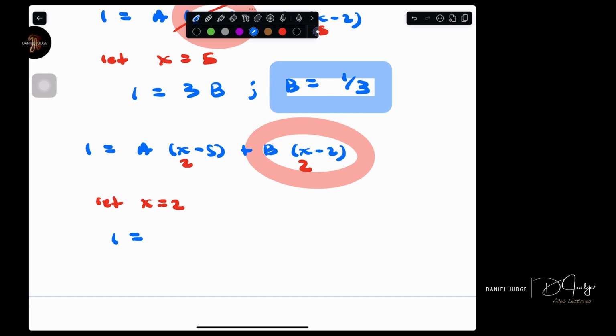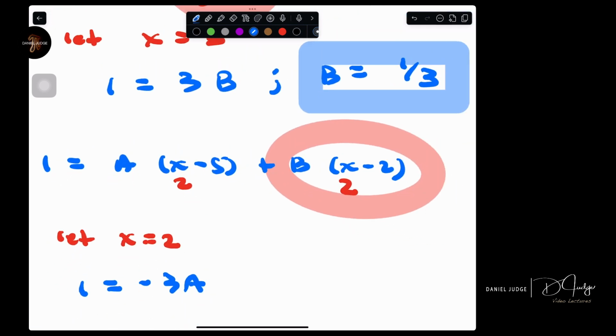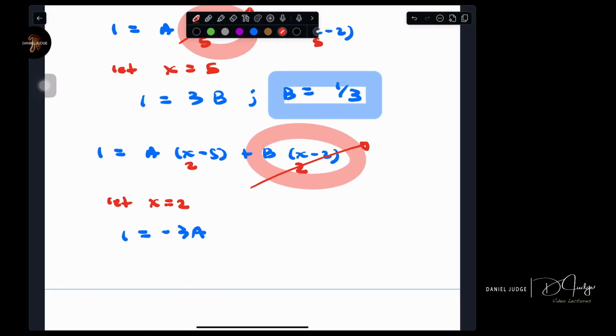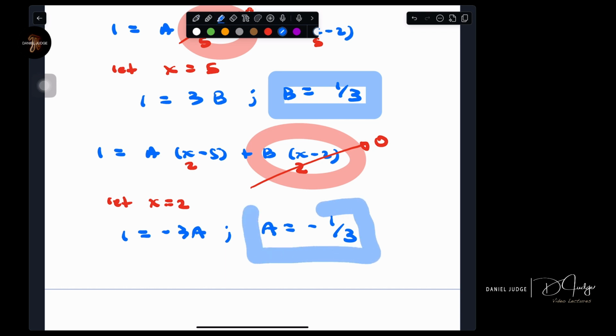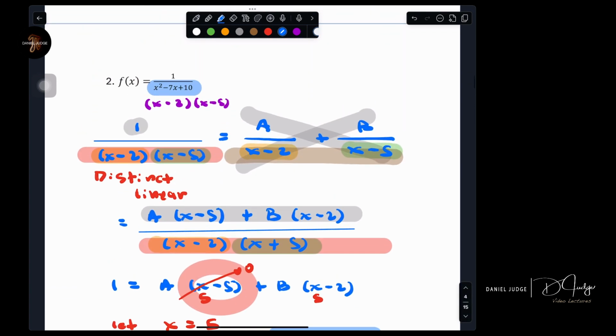One will equal negative 3a, because 2 minus 5 is negative 3, and this becomes 0, which will mean a is negative 1/3. So a is negative 1/3, b is positive 1/3.